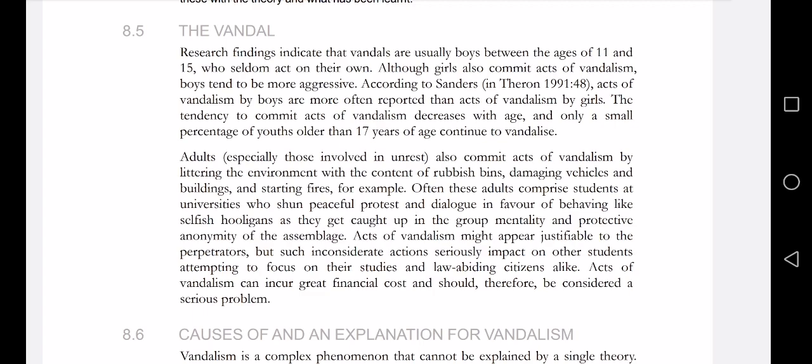Acts of vandalism might appear justifiable to the perpetrators, but such inconsiderate actions seriously impact other students attempting to focus on their studies and law-abiding citizens alike. Acts of vandalism can incur great financial cost and should therefore be considered a serious problem.